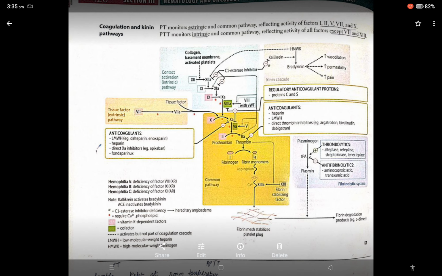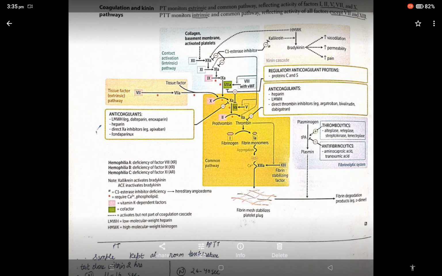Factor 2 leads to conversion of 1 to 1a, then factor 13, fibrin stabilizing factor. The fibrin mesh stabilizes the platelet plug.